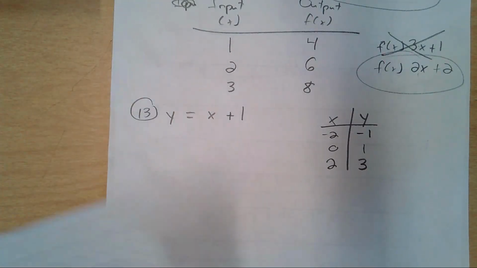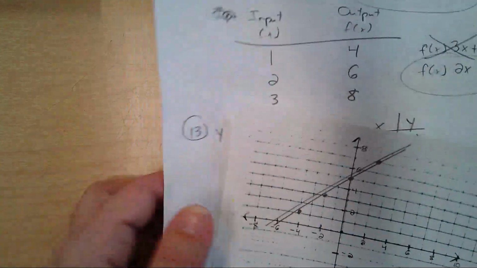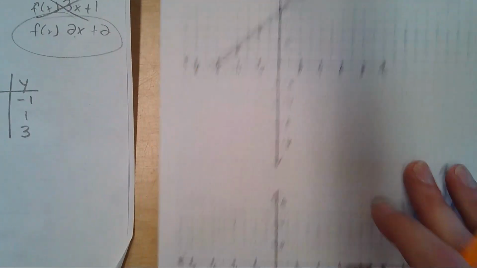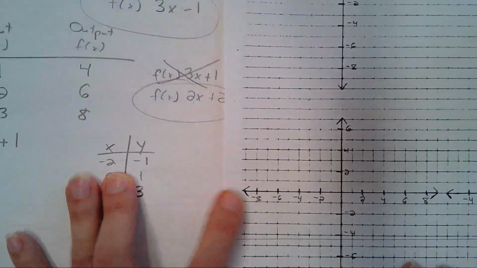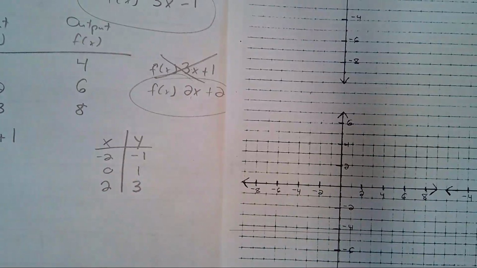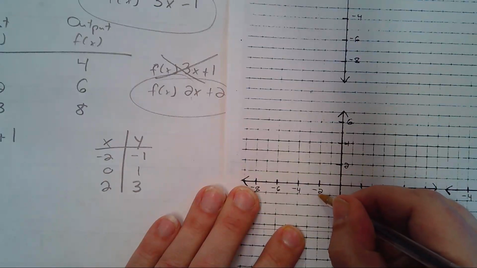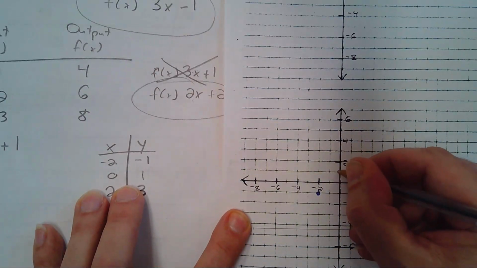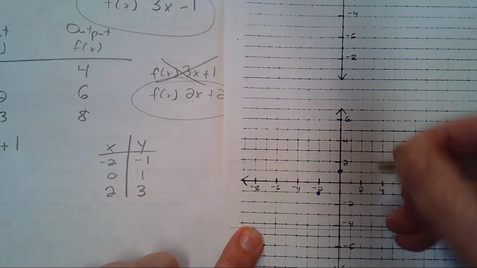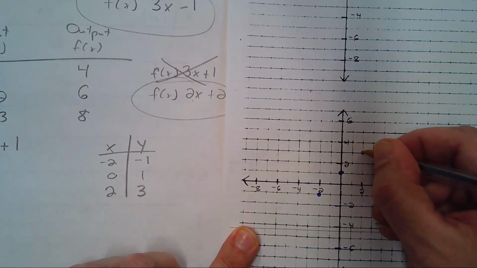And again, I will leave this up to you to decide what you want to do here. But now I got to head over to the graph. And I'm going to put this one on here just so you can see. Negative 2, negative 1 goes right there. 0, 1 goes right there. And 2, 3 is right there.